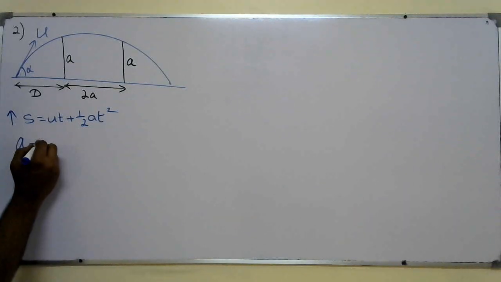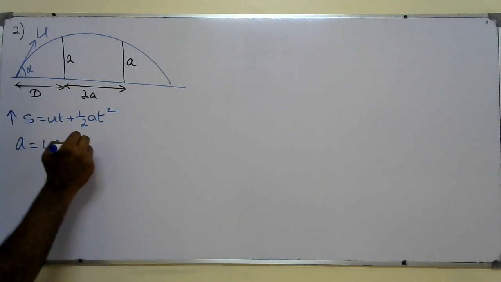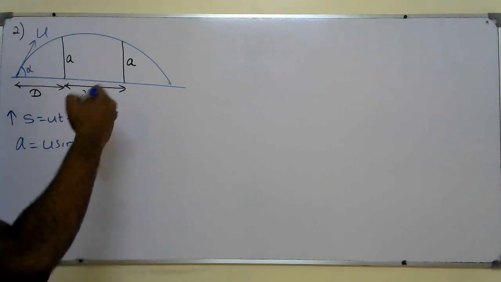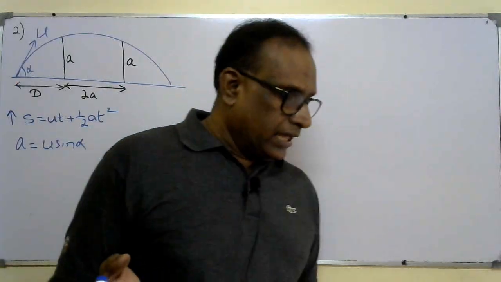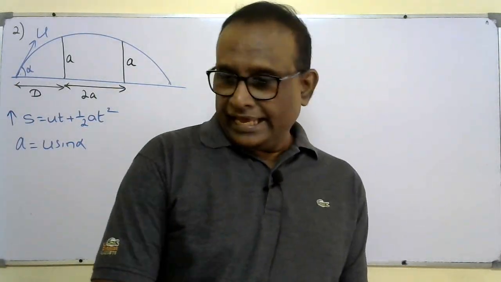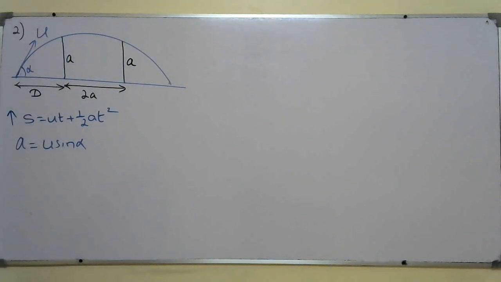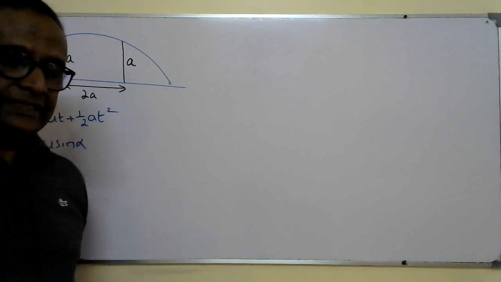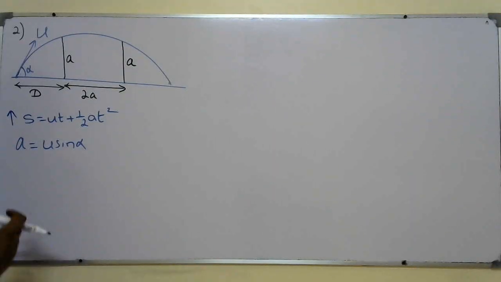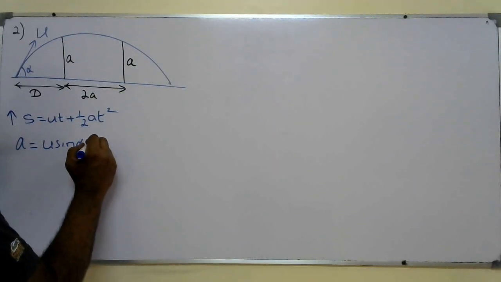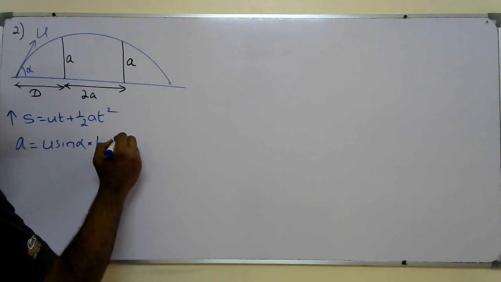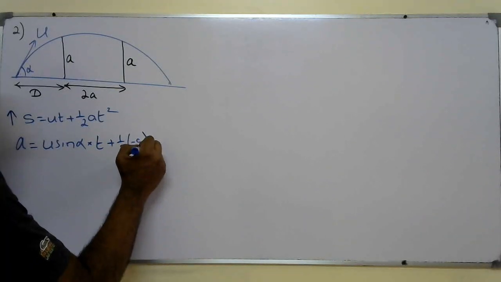So A equal u sine alpha. I'll substitute u, given that u is the square root of k a b or k a g, later. I'll just use it as u, easy to handle, into t plus half minus gt squared.